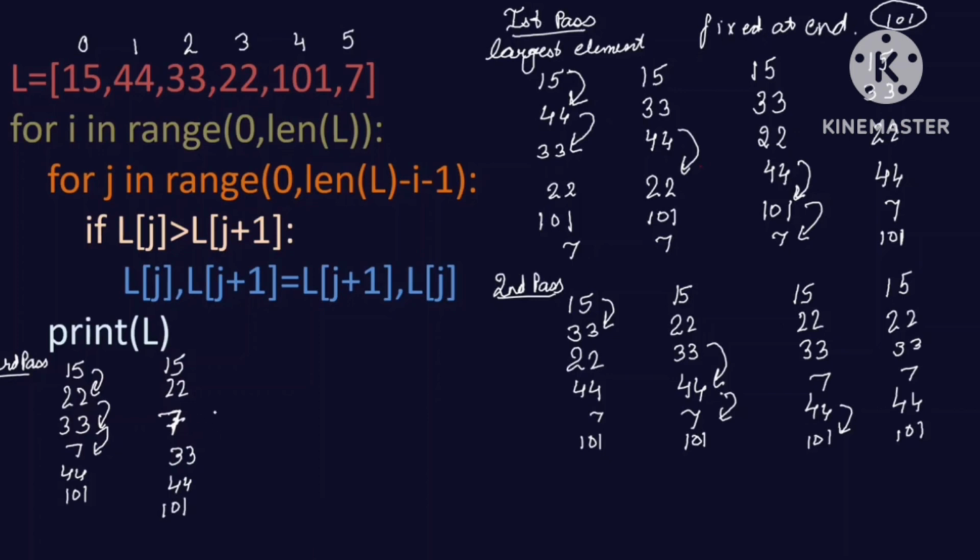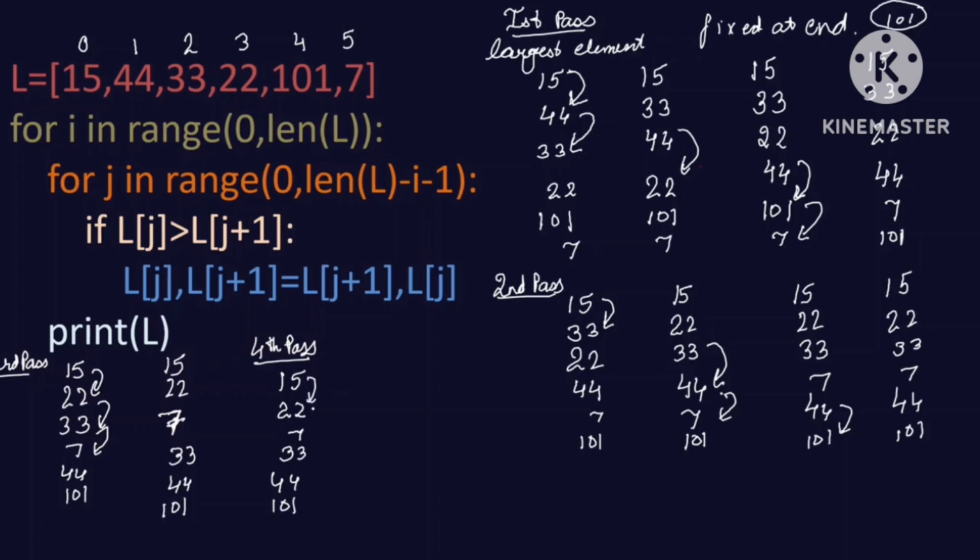In the next pass, this is the result of the third pass, and the output of the third pass will be the input of the fourth pass. So in the fourth pass, the fourth largest element, that is 22, will fix its position.